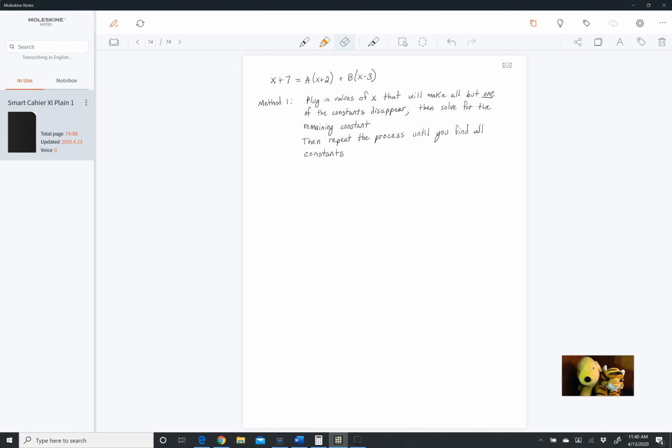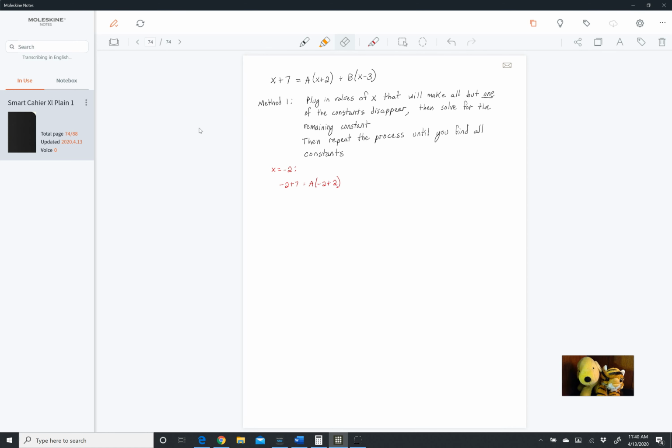So we're going to start with x equals -2. Because as we said, if we plug in x equals -2, this becomes 0. So we have -2 plus 7 is equal to a times -2 plus 2.